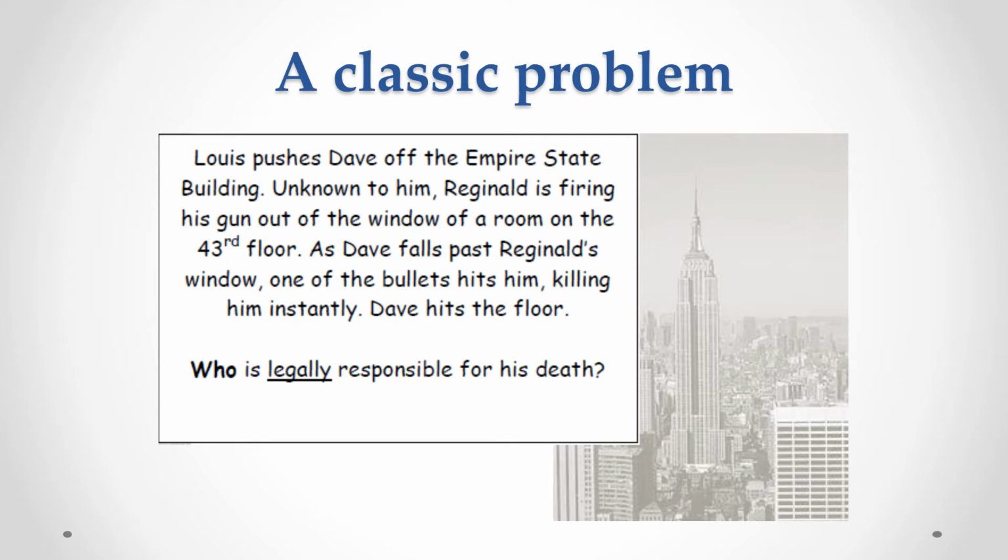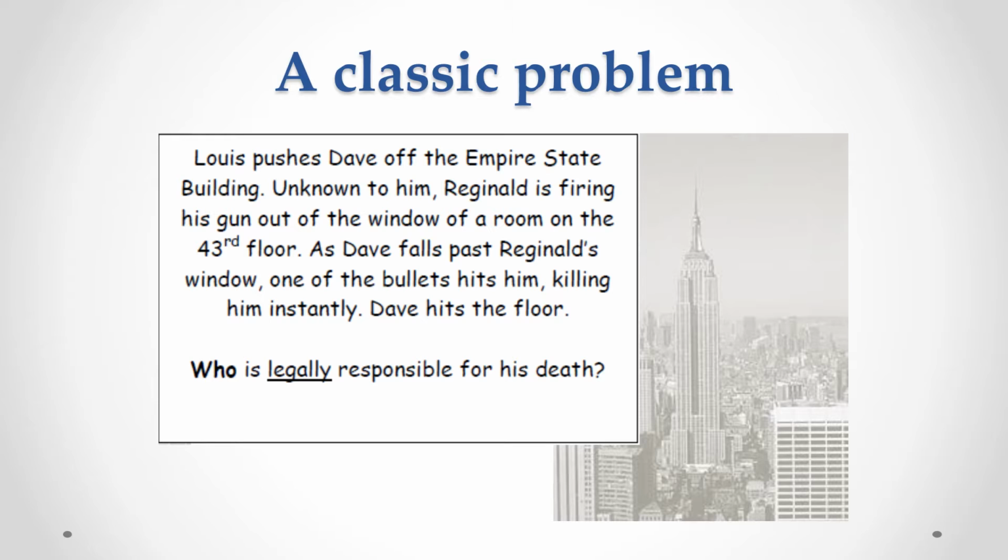So let's just have a look at a classic problem then. Lewis pushes Dave off the Empire State Building. Unknown to him, Reginald is firing his gun out of the window of a room on the 43rd floor. As Dave falls past Reginald's window, one of the bullets hits him, killing him instantly. Dave hits the floor. And the question for the police and the prosecution would be, well, who is legally responsible for Dave's death?